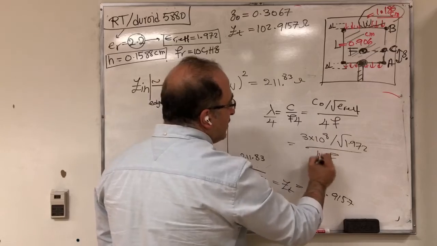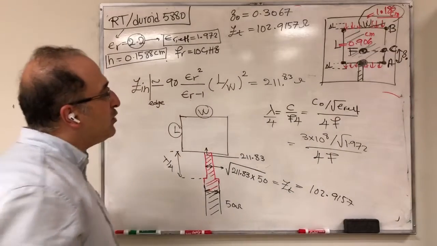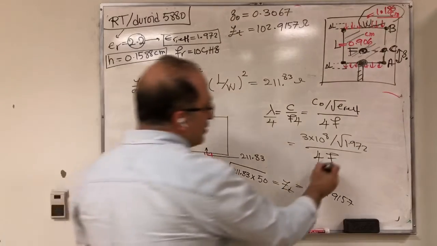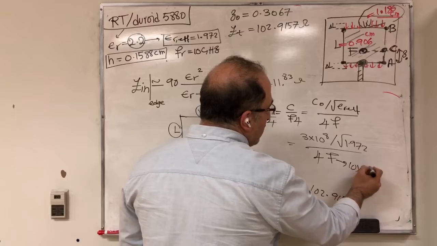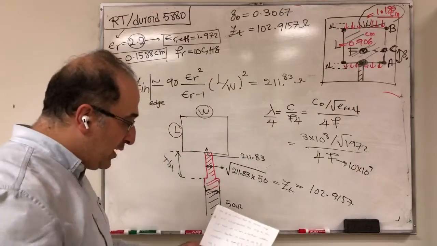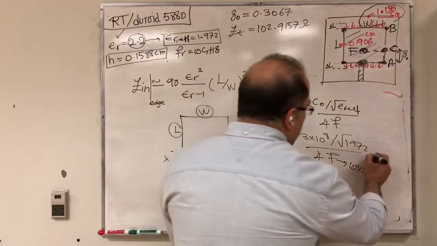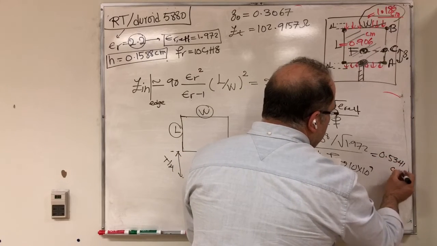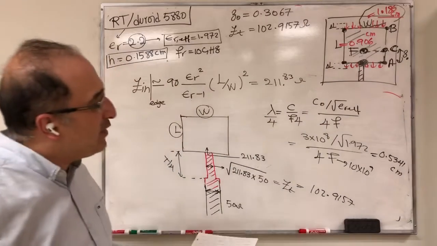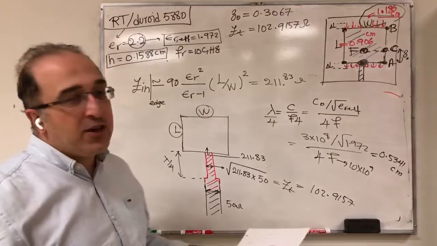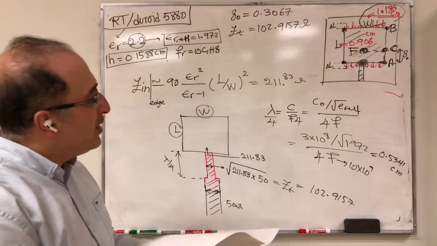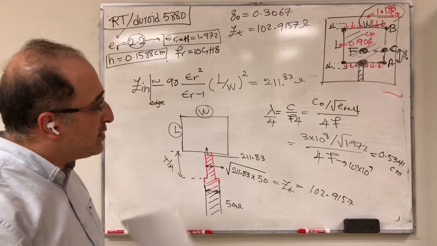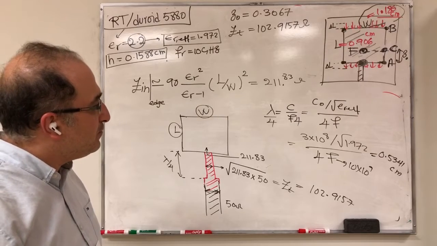And f, in our case, was 10 gigahertz, so you substitute 10 to the power of 9. If you do that, you end up with a quarter wavelength equal to 0.5341 centimeters. I'm just writing 4 digits, but 4 digits is not really needed based on the fabrication accuracy.